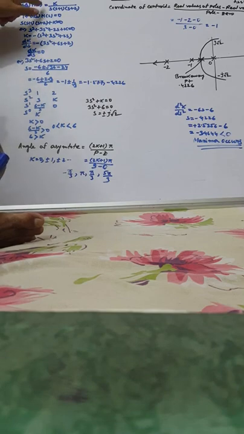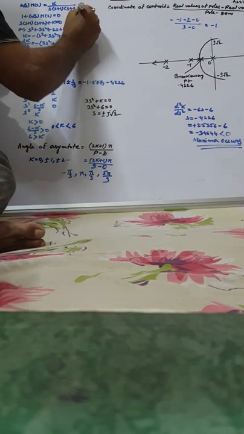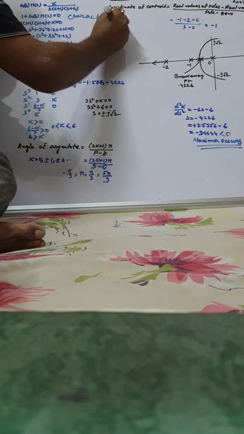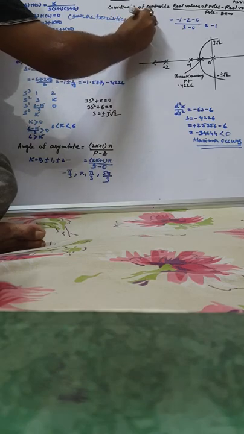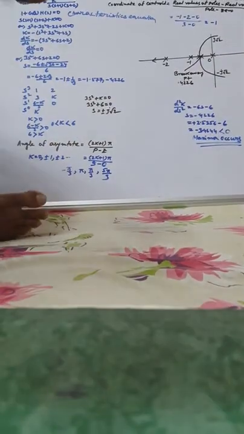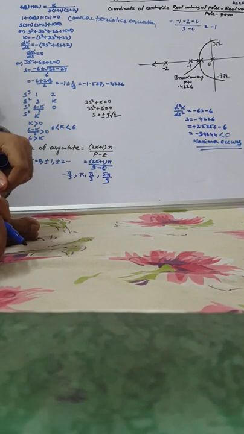This is the open loop transfer function, G(s)H(s) is equal to K by s into (s plus 1) into (s plus 2). So this is the characteristic equation, you need to remember.